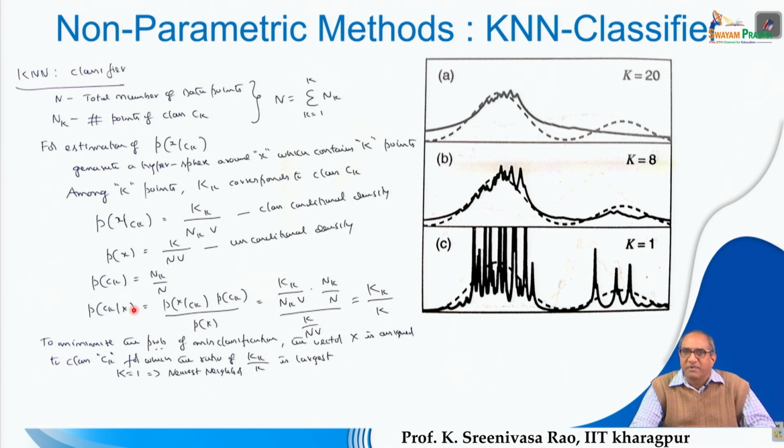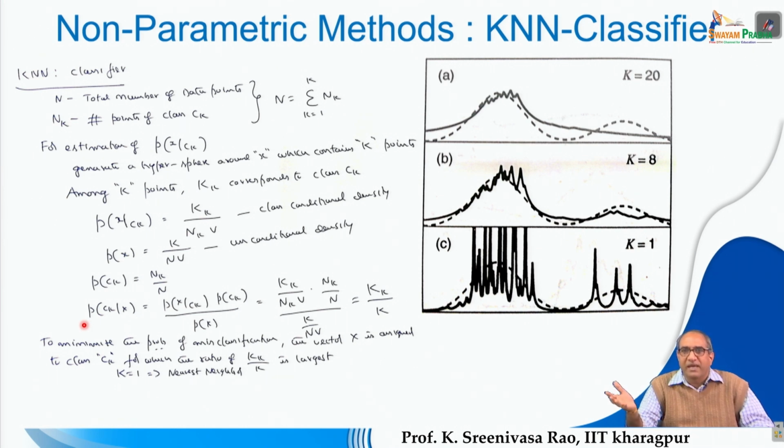This can be used for estimating the overall density, and at the same time you can use the k nearest neighbor directly as a classifier. Once you have the density available, for the test data we try to see what the probability of Ck given x is. For the feature vector whose class label you want to estimate, we project that feature vector onto the density, and around it we create a volume containing k points, depending upon the k nearest neighbor.